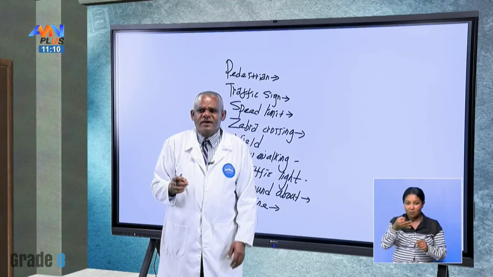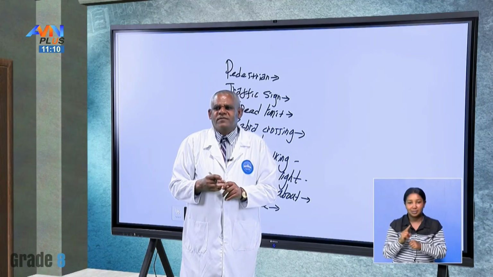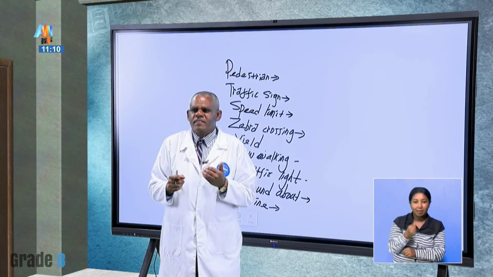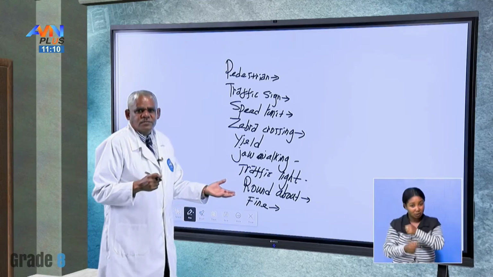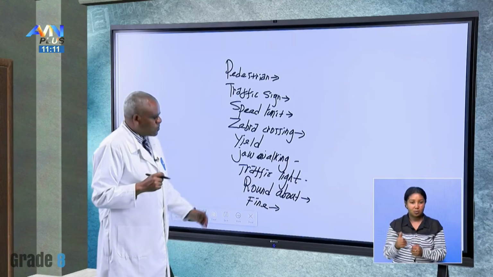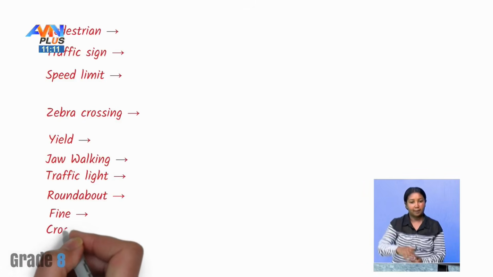But fine here is a penalty, punishing someone who is driving a car after drinking alcohol. So he is fined by the traffic officer. That's it. And the other one is crosswalk. Crosswalk is also another word.